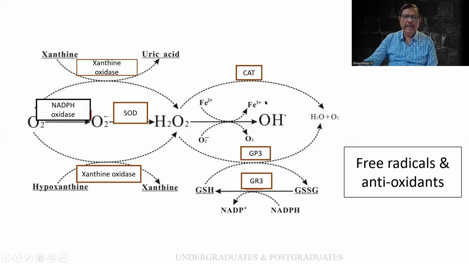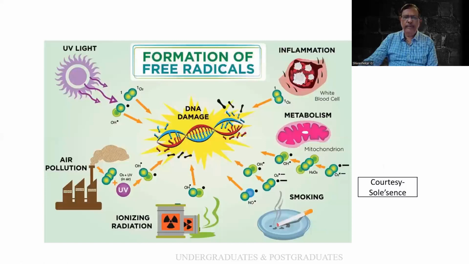And there are the various antioxidants also, such as superoxide dismutase, xanthine oxidase, GPx, GR, etc., that can lead to a more stable form. For example, ultimately there is a water and oxygen molecule that is produced. This is the basic principle of it. If possible, you people can have it in your mind, but let it be in some corner.